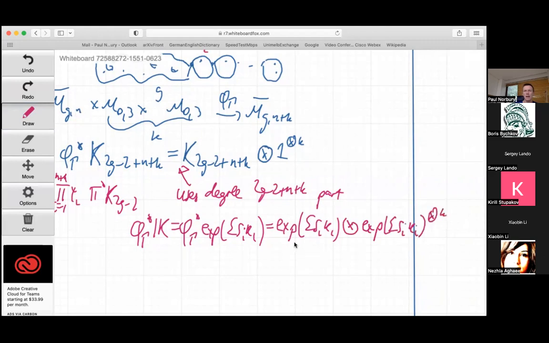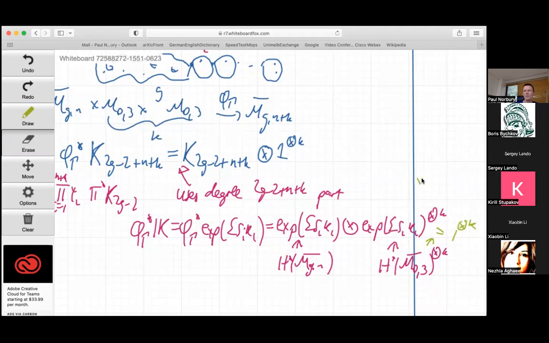And this is an element of the cohomology of M_g,n bar, and this lives inside the cohomology of M_0,3 bar tensor k. But we know the exponential in this dimension 0 case is equal to 1, so 1 tensor k, which is the only class that can live in this.